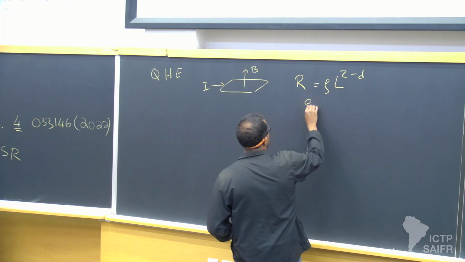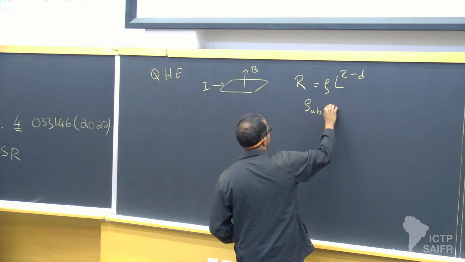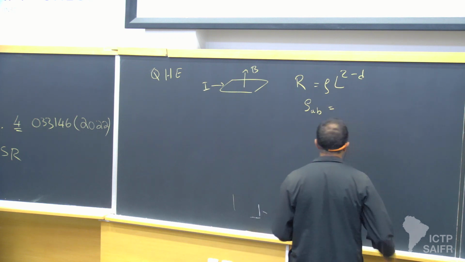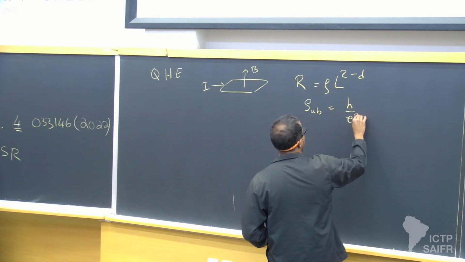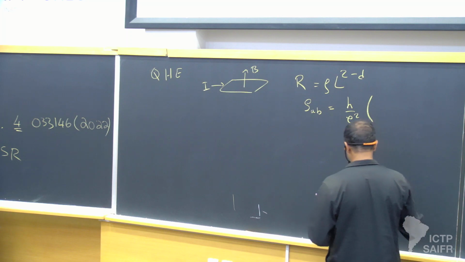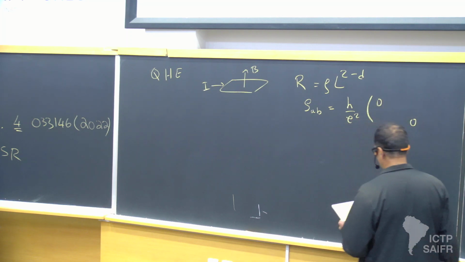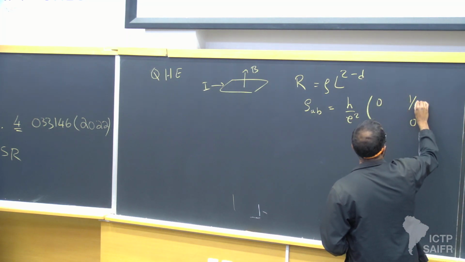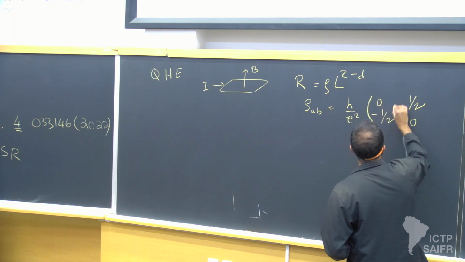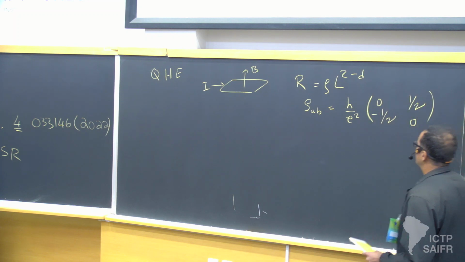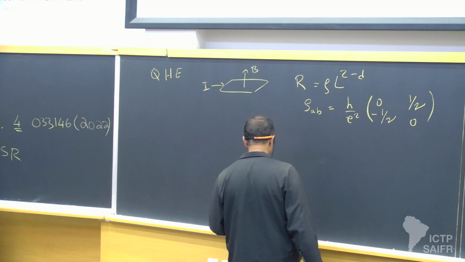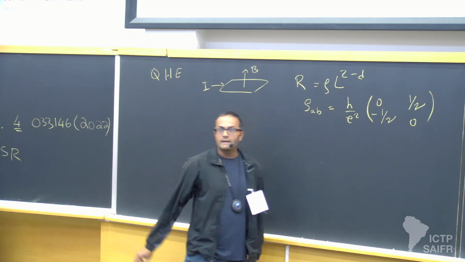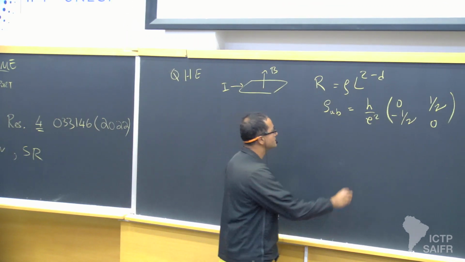In the quantum Hall effect, the resistivity tensor is set by the quantum of resistance, h/e², times a matrix. The longitudinal part is 0, and the Hall part is quantized. Everyone knows this; I'm just saying it for the units.